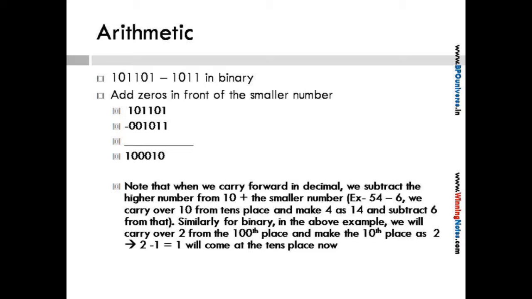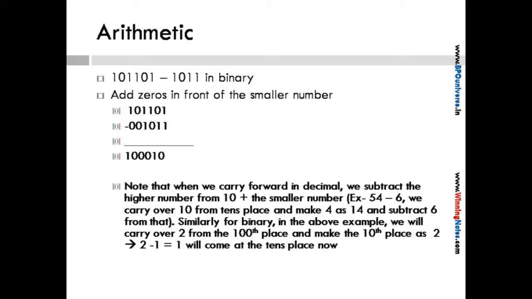Similarly, for binary, in this example we will carry forward 2. Remember that we are carrying forward 2 and not 1 from the hundreds place, because we do not have a sufficient number in 101101 when we are subtracting 1011 from that, so at the tens place we have got only 0.